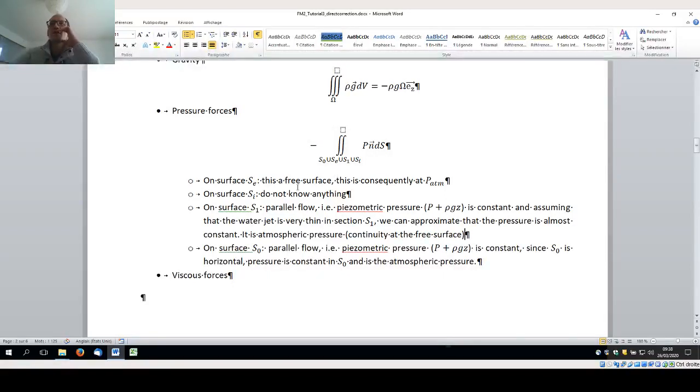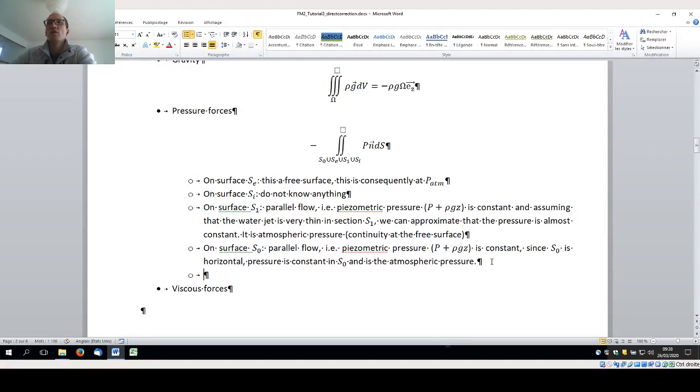So yes, we have a small approximation about what's happening on S1, but this is really a small approximation about pressure, so it's really almost atmospheric pressure here. In S0 it's exactly atmospheric pressure, in SE it's atmospheric pressure.